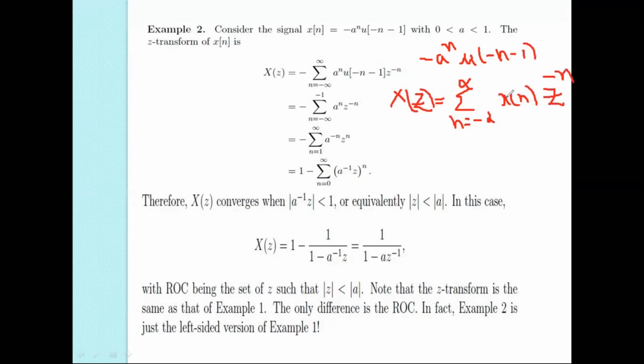This is the definition of the Z transformation. How to find the Z transformation of the signal? It is the sum of n from minus infinity to infinity of the given x of n, minus a power n mu of minus n minus 1, times z power minus n. Okay, this is the given signal.